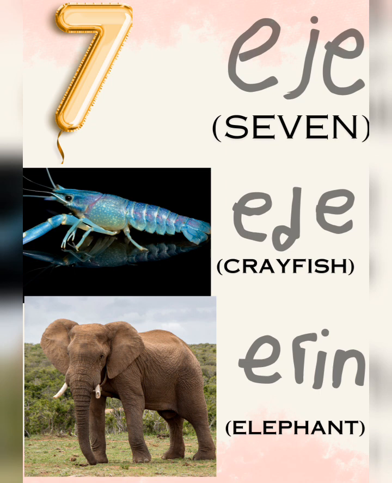You can see it is written as ede. So it is èdè. The third example there, you can see the mighty elephants in the picture. Elephants in English language, erin in Yoruba language.